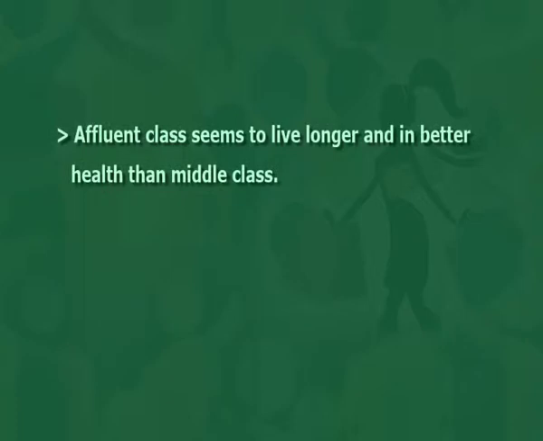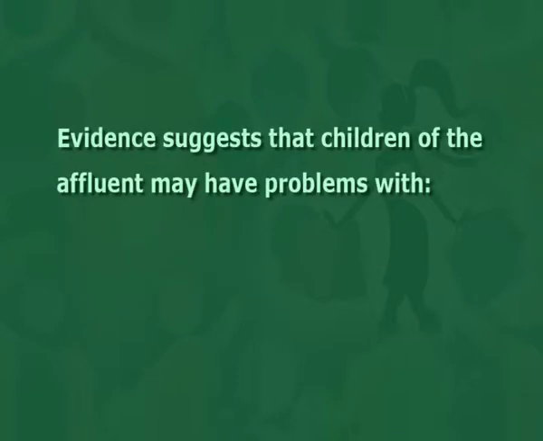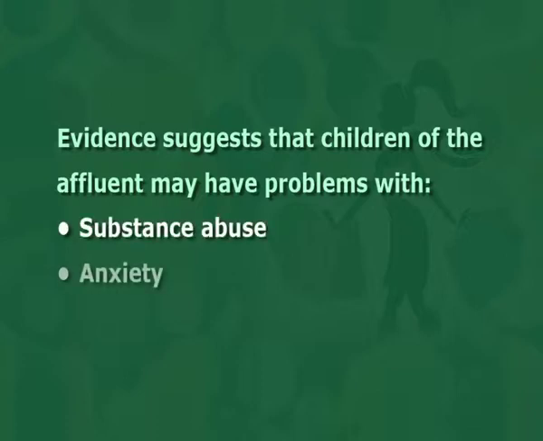The affluent class seems to live longer and in better health than the middle class. The middle class lives longer and in better health than individuals at the bottom. Evidence suggests that children of the affluent may have problems with substance abuse, anxiety and depression.